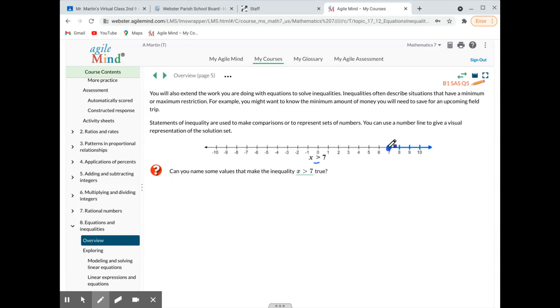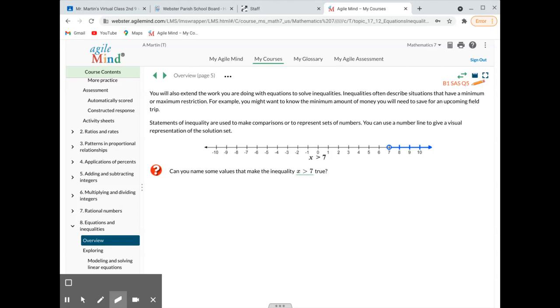Notice how the circle ended up getting what? Bigger. Well, it got bigger, but it's closed in, right? It's not open anymore. So that's going to come in handy here soon. All right. So what we're going to do is I want us to answer question 5 in our workbook.